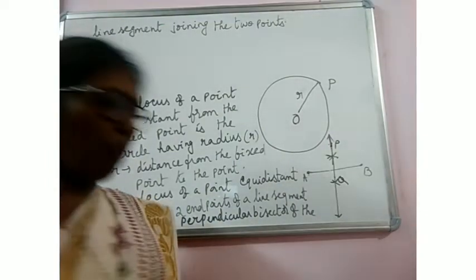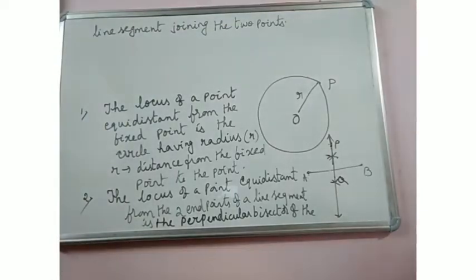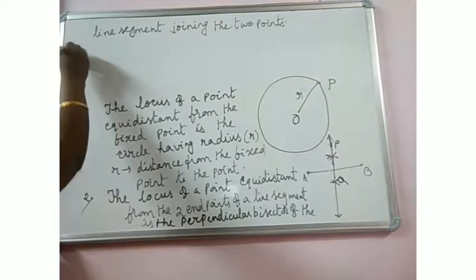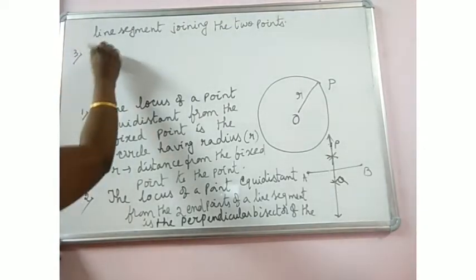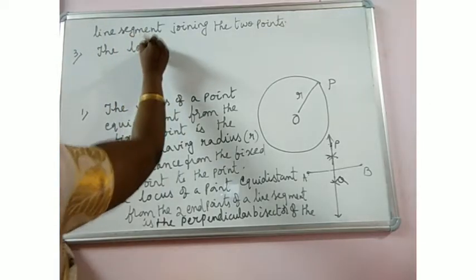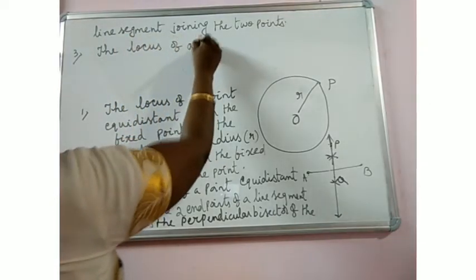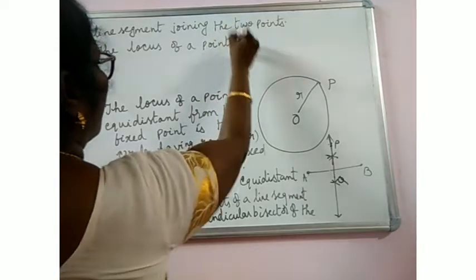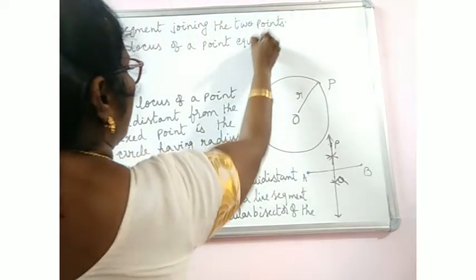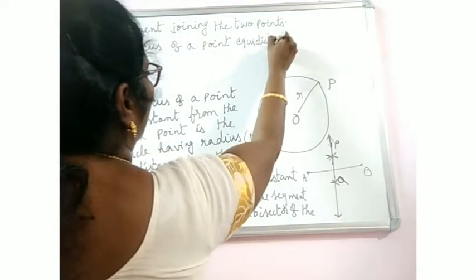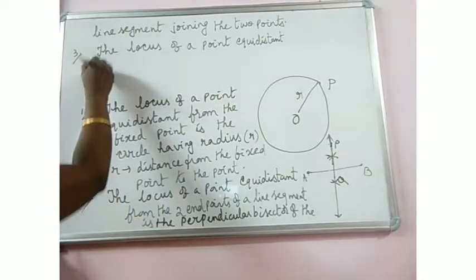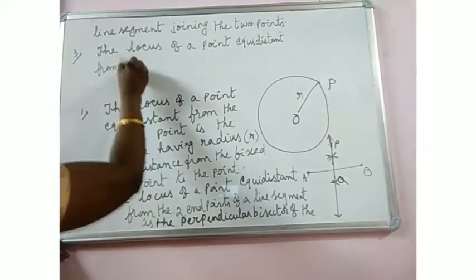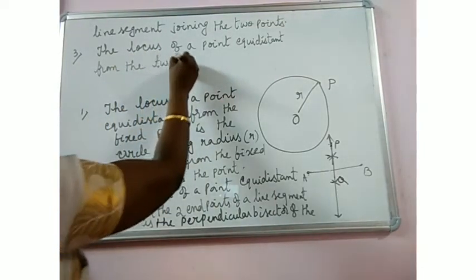Let me give you some more examples. What is the locus of a point equidistant from the two arms of an angle?